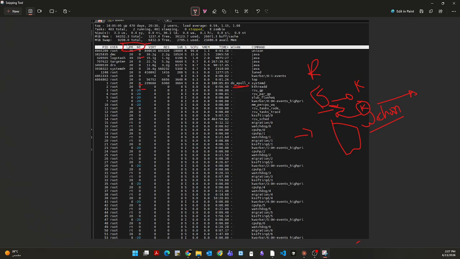And the priority is actually just a number presented to you, so you can understand your application.